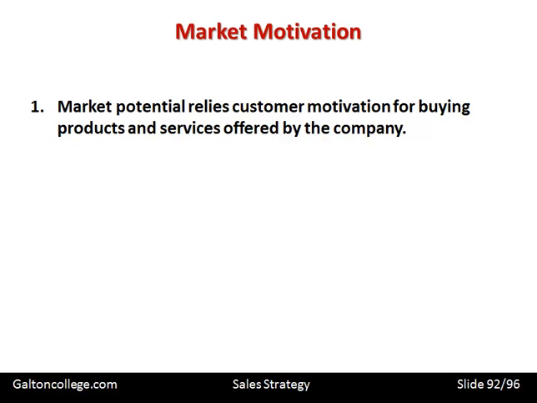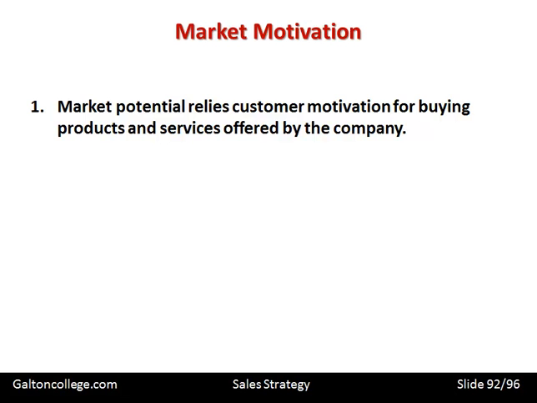Market motivation. Well, market potential relies on customer motivation for buying products and services offered by the company. So market potential relies on customer motivation. Customer motivation is what generates the potential.